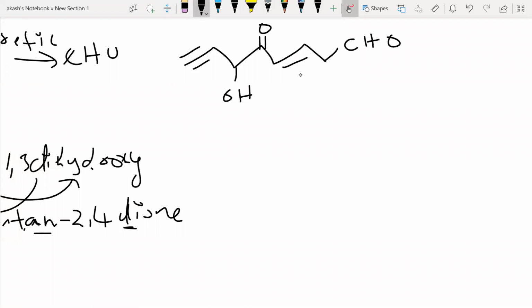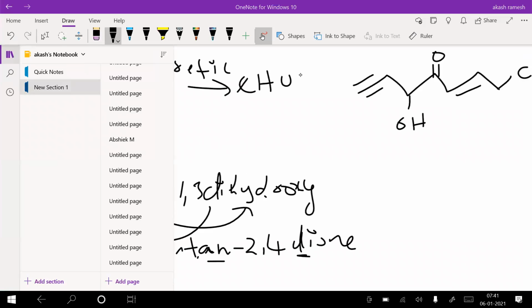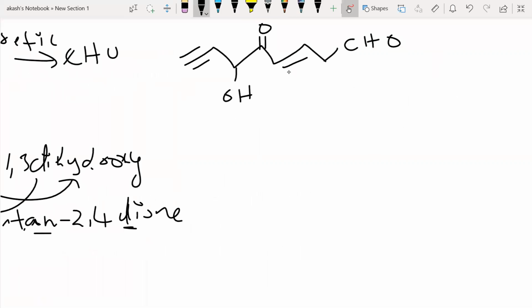I think he's in the chat. Yes, quickly, you can tell me the name of this compound. Rahul, I think you can type, not an issue. The compound is here. You type, I will see it. But quickly.